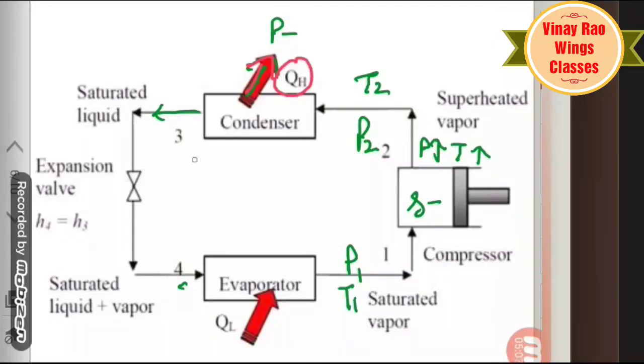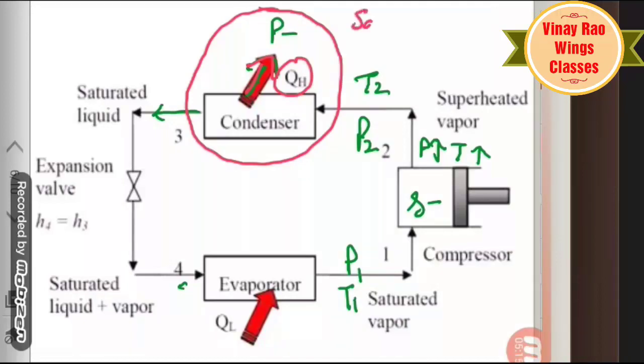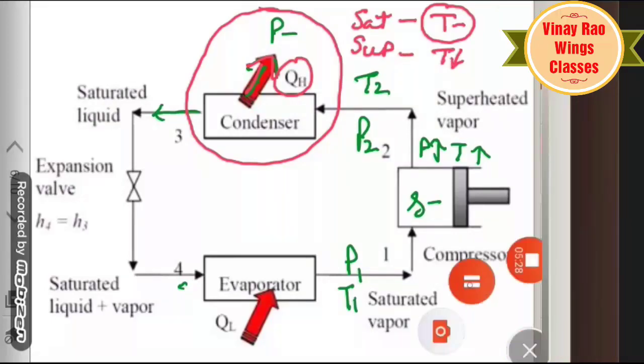The condenser is the most important part, along with the evaporator, because in the condenser, in the saturated region, the temperature is constant, but in the superheated region there is a decrease in temperature.